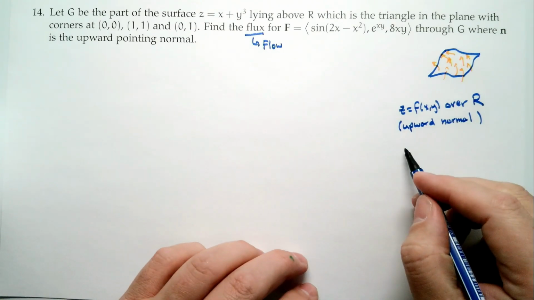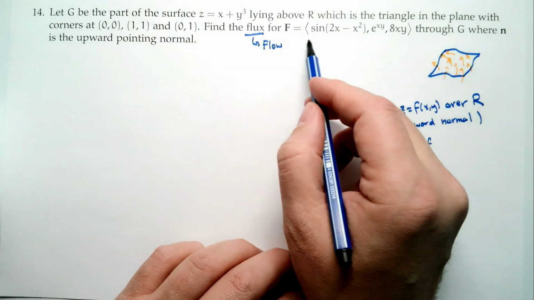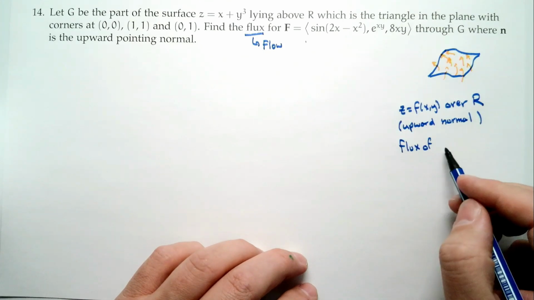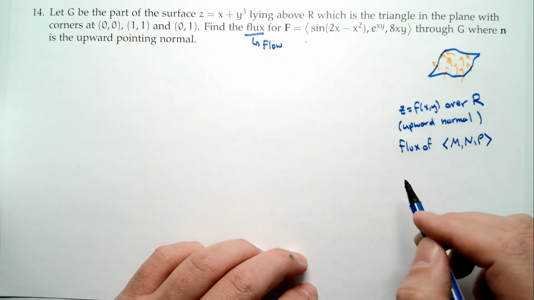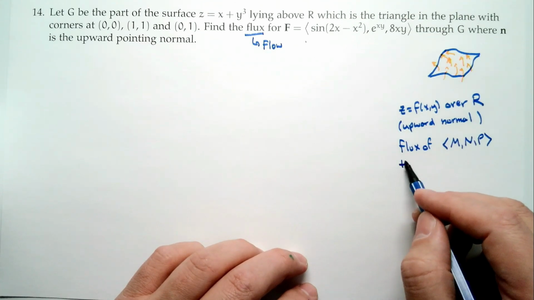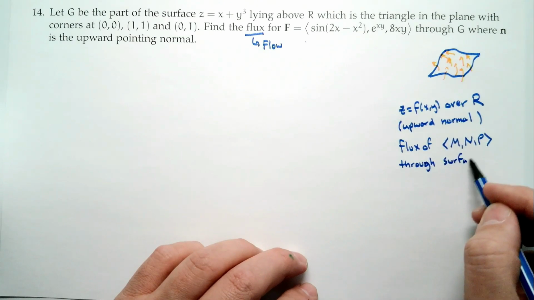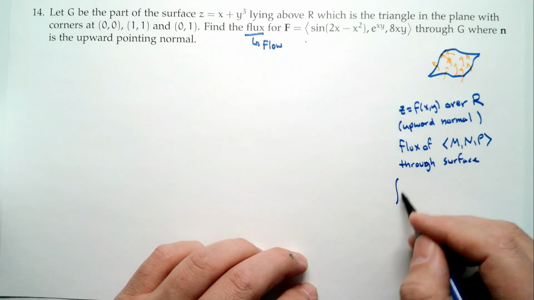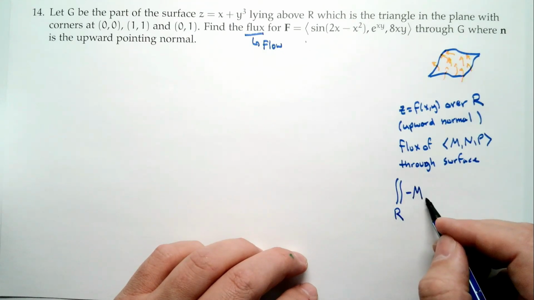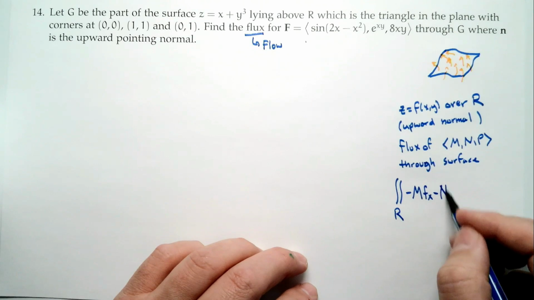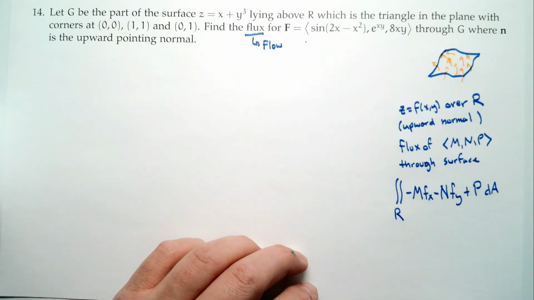Then we can compute the flux of a vector field, and this is a vector field here. The flux of the vector field M, N, and P through our surface is given by the following equation. You find the integral over your region of minus M f sub x minus N f sub y plus P dA.